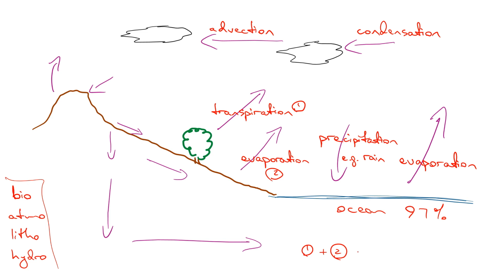And we give them a new name. So 1 plus 2, we actually just combine the two names. Evaporation plus transpiration gives us evapotranspiration. Okay, the word gets a little bit on the longish side, but there we go.